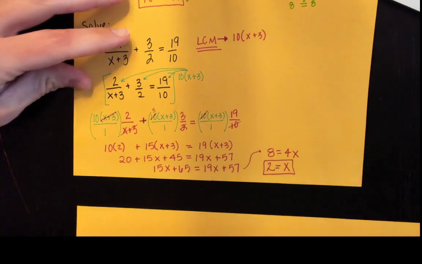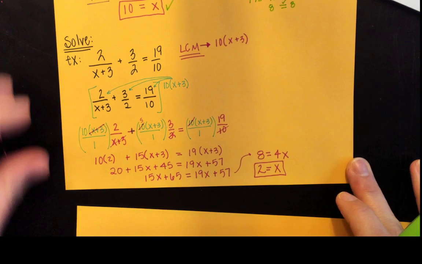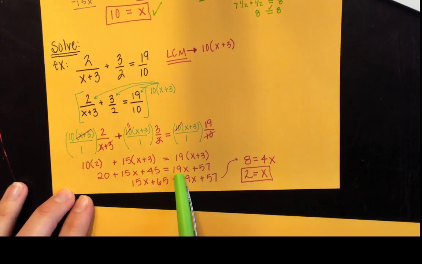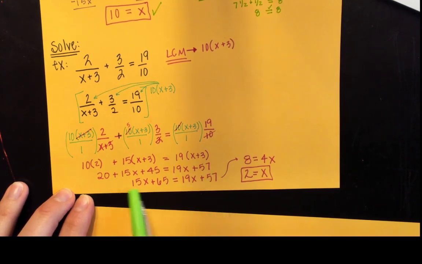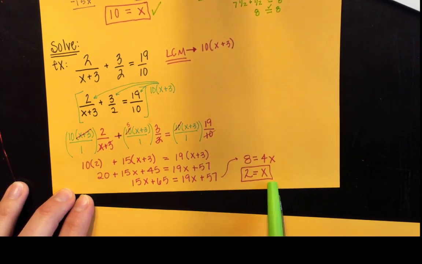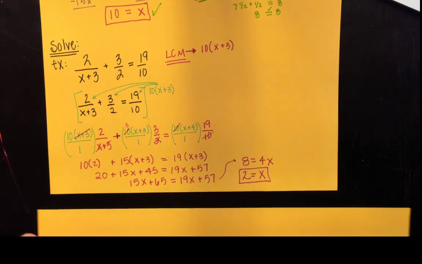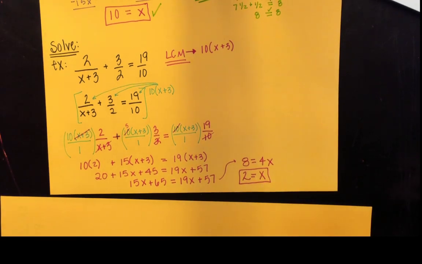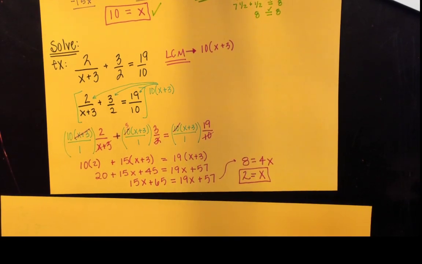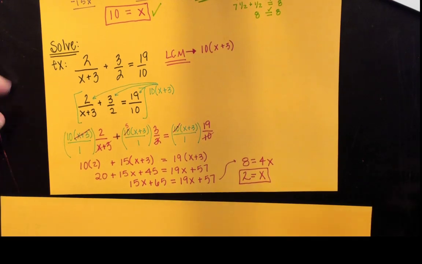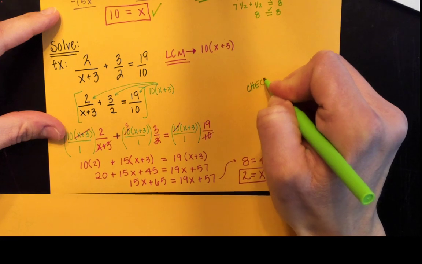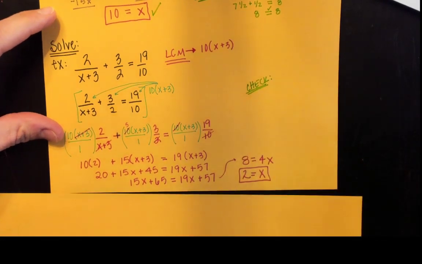So now we end up with 20 plus 15x plus 45 equals 19x plus 57. And simplifying and solving, we end up with x equals 2. Now again, we should check, because we need to make sure that if I plug 2 in, that 2 over 5 plus 3 over 2 would equal 19 over 10.